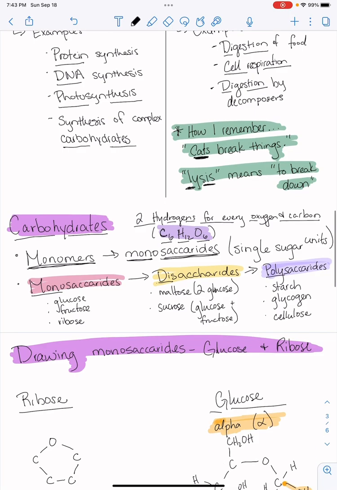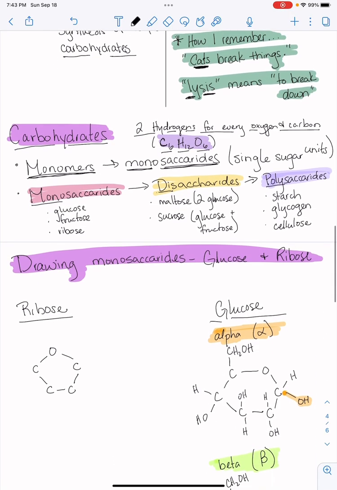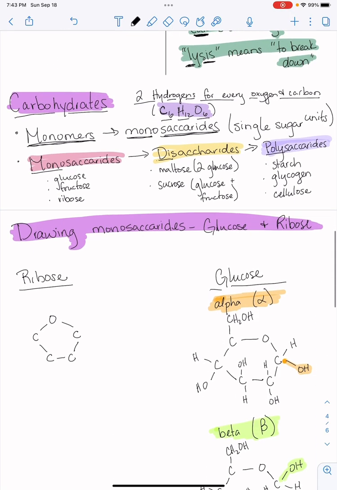But before we go into that, I just want to make sure that we know how to draw these 2 specific monosaccharides. This is something that IB wants you to know how to do. They want you to be able to draw glucose and ribose, 2 monomers.